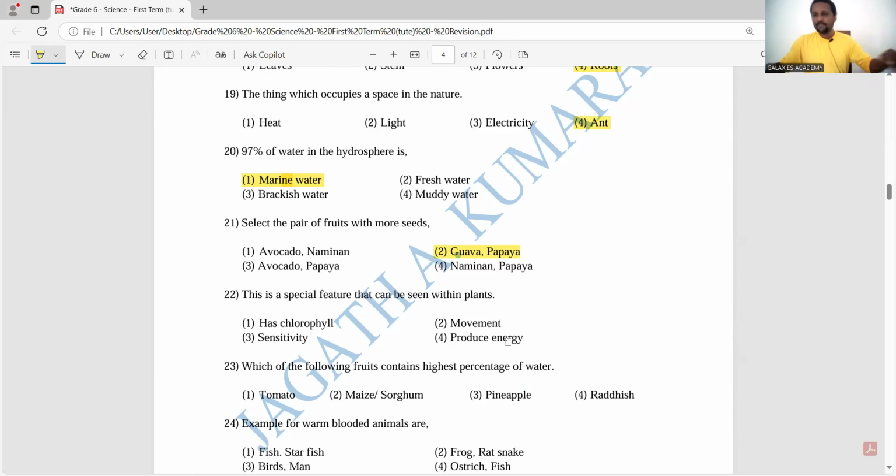Sensitivity, right? Sensitivity means සංවේදීතාවය. What is the most suitable answer? Chlorophyll is present only in the plants. We can't see the presence of chlorophyll in the animals. So what is the suitable answer for the 22nd question? Number 1, has chlorophyll.